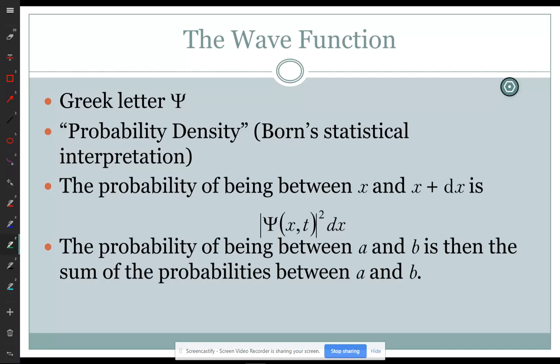But you have to square the electric field function to actually find the probability. It's not the amplitude or the displacement. It's the square of that. And we have the same thing here. So that's what we mean with probability density. If we take that wave function and we take the magnitude squared, that will give us the probability.